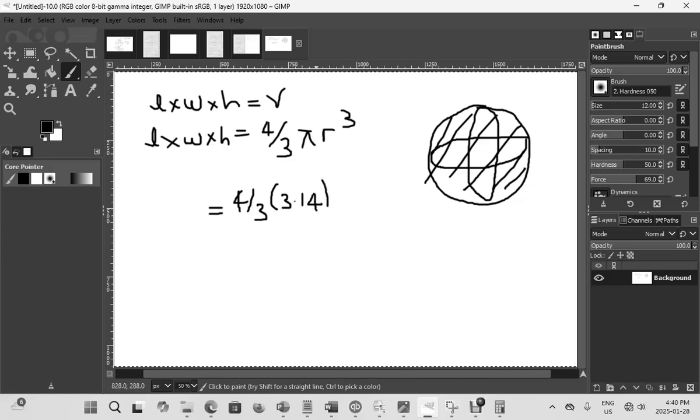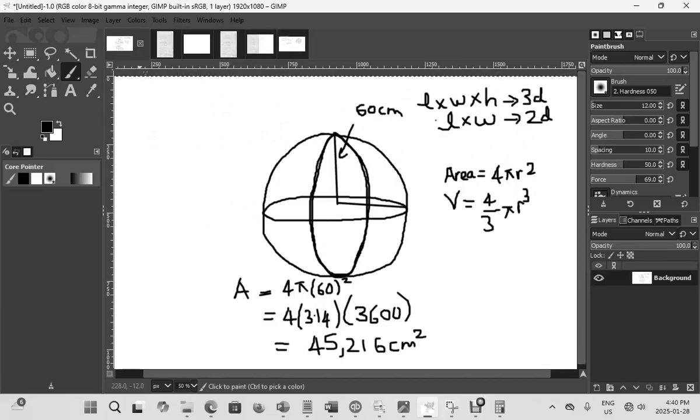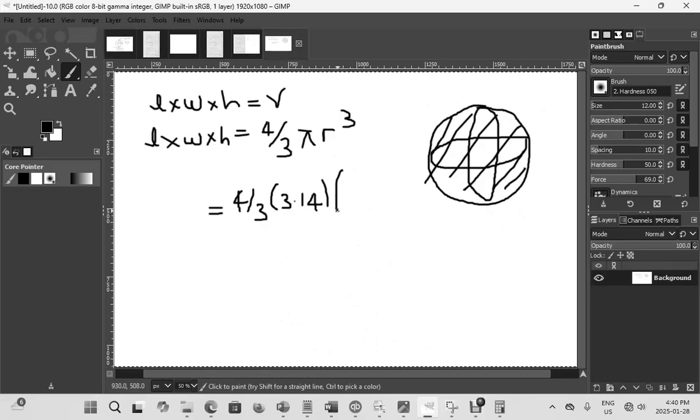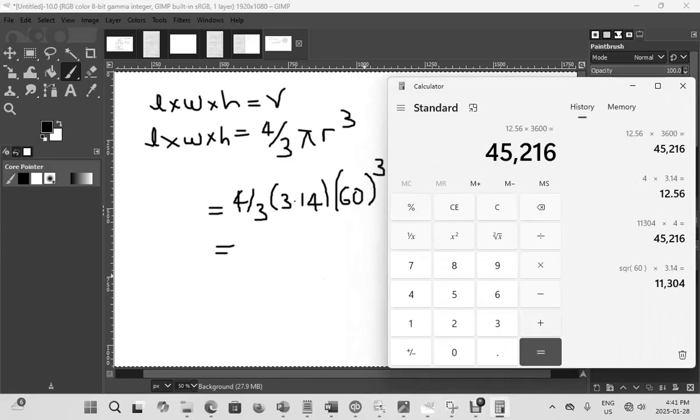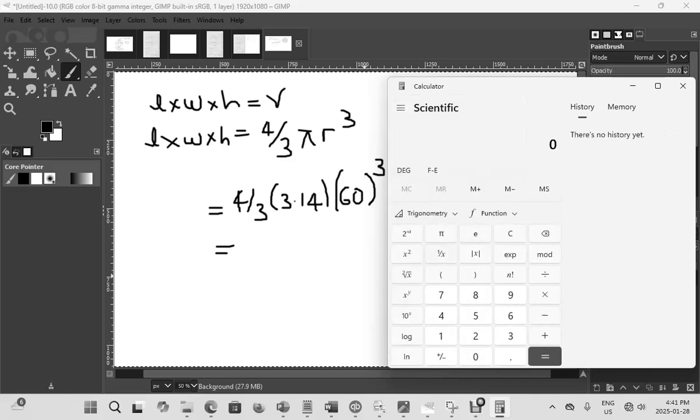Let's say our radius stays the same, and the initial radius was 60. So this will be 60 cubed, and the solution will be 216,000 times 3.14 times 4 divided by 3.